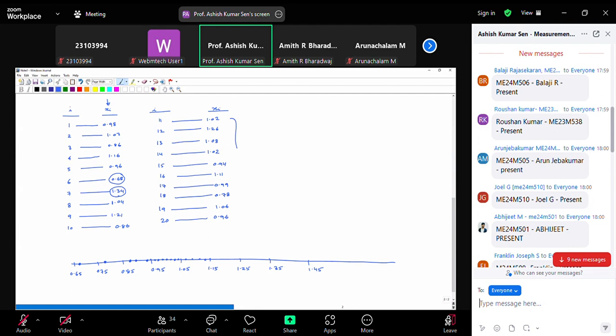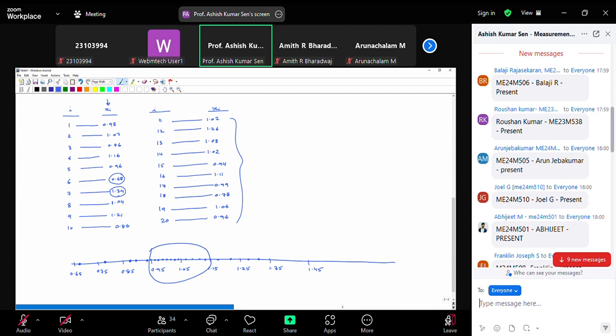I'm just placing these 20 data points on the scale. Then you have 1.34 as the highest. So you will see that this is the distribution of the data. Okay, and you see that the data is mostly clustered around here.